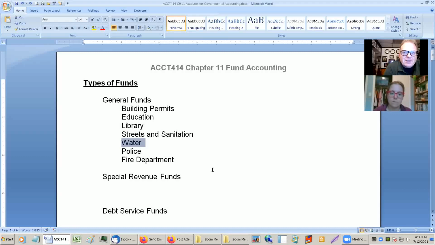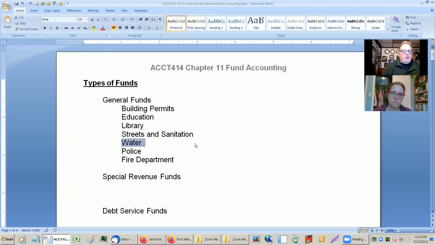And again, most of these things are not money makers. The police might hand out tickets, the fire department might bill for their services, the library maybe collects some fines and all that, but usually they're not enough. Right. So these are not money makers usually.